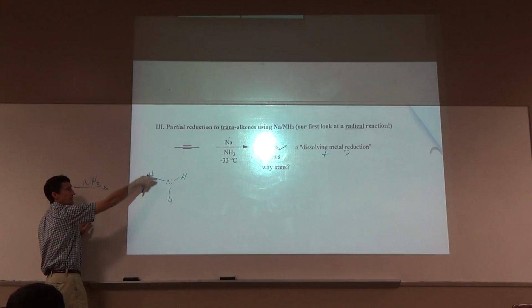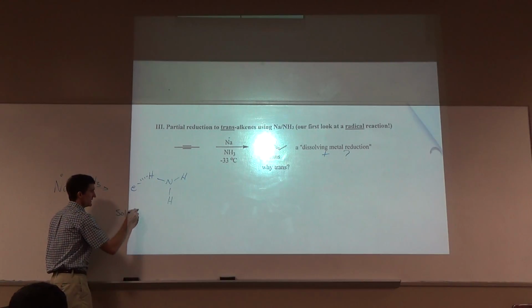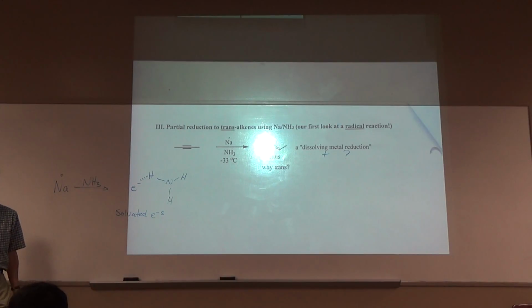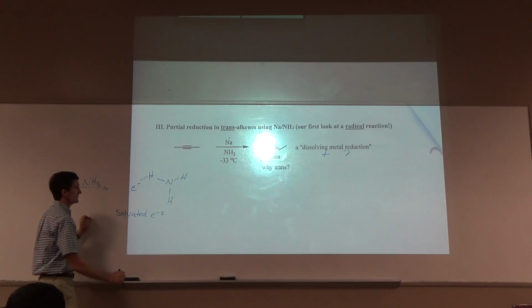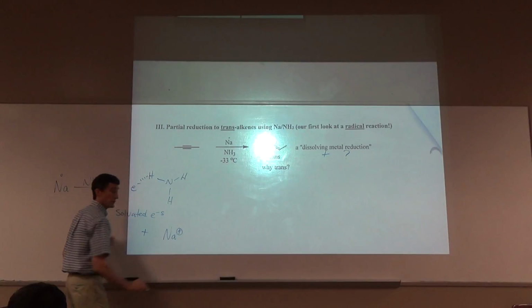If you consider the ammonia all around the electrons, this is known as solvated electrons. Now, what does the sodium become after it gives up one electron? It becomes sodium ion.